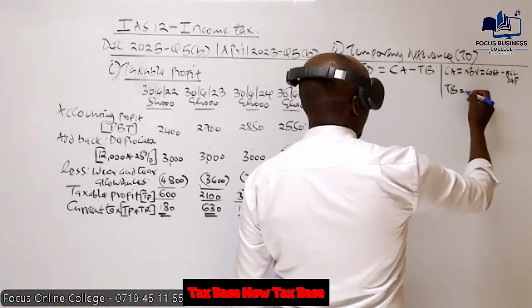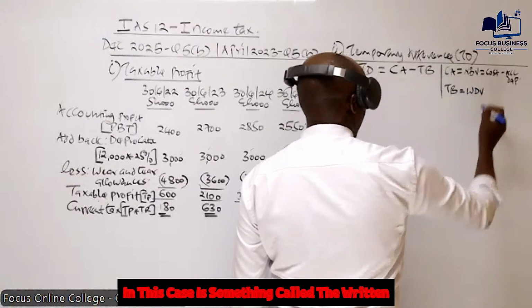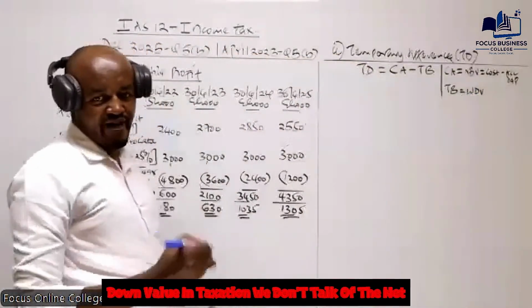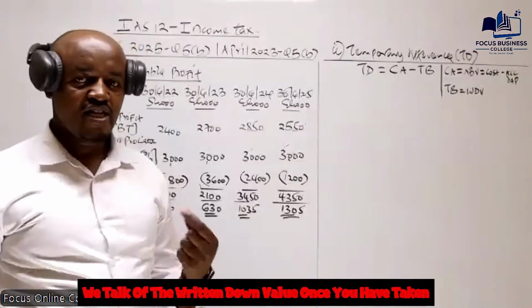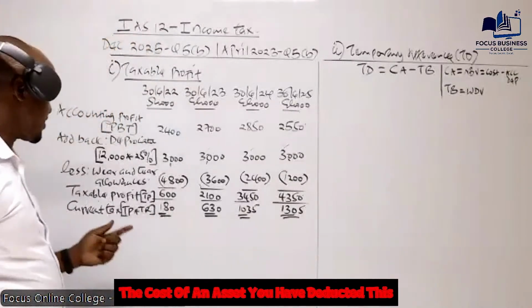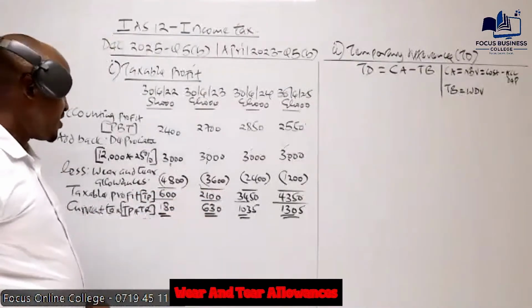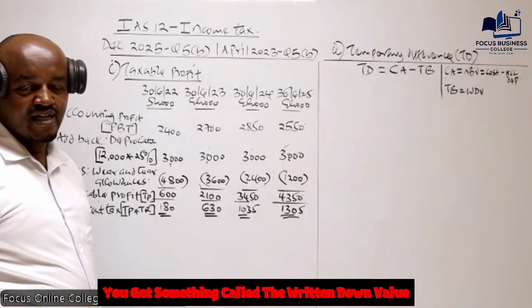Tax base, in this case, is something called the written down value. In taxation, we don't talk of the net book value of an asset; we talk of the written down value. Once you have taken the cost of an asset and deducted the wear and tear allowances, you get the written down value.